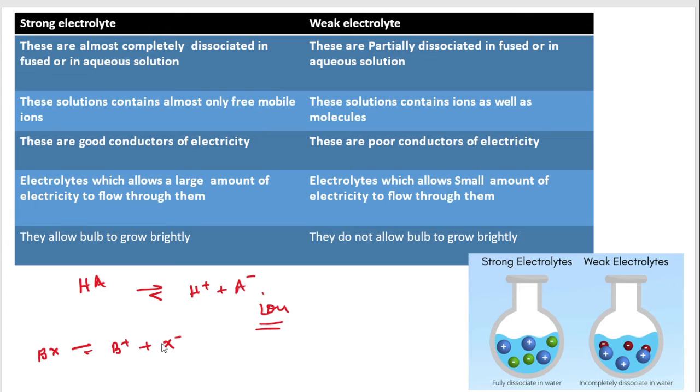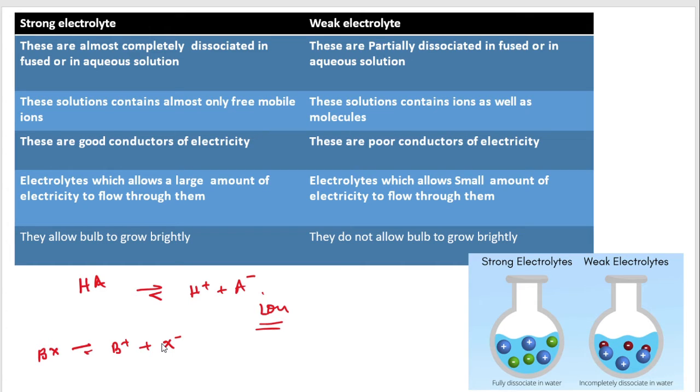This kind of compound is called a weak electrolyte. So what kind of particles will be present in them? They will have ions, but they will have a large percentage of molecules, that is undissociated molecules will be present in excess. Clear? They are poor conductors of electricity because of the low formation of ions.